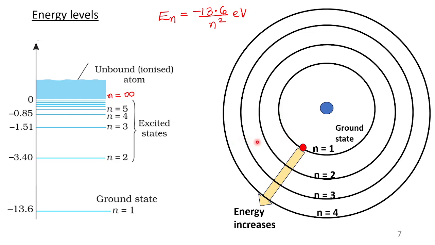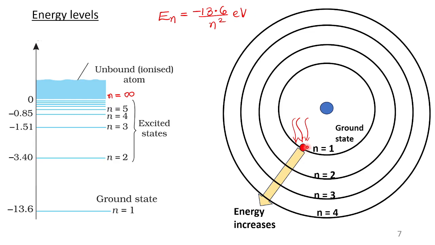The electron will jump from one energy state to another energy state if it gains energy or loses energy. Two things can happen: either the electron can gain energy or it can lose energy. If some radiation is falling upon this electron, the electron gains some energy.